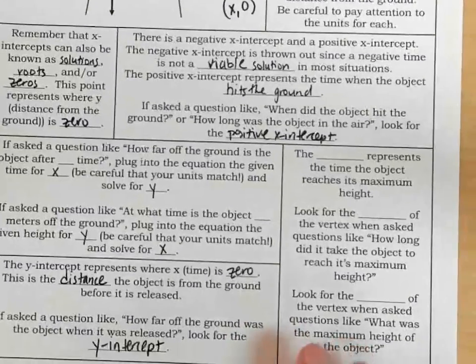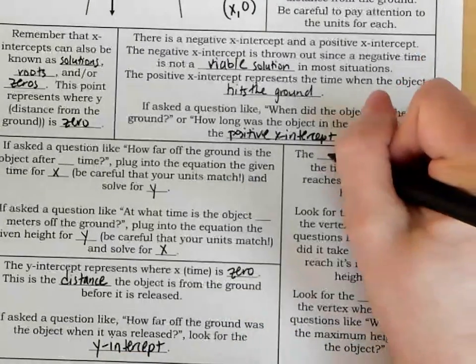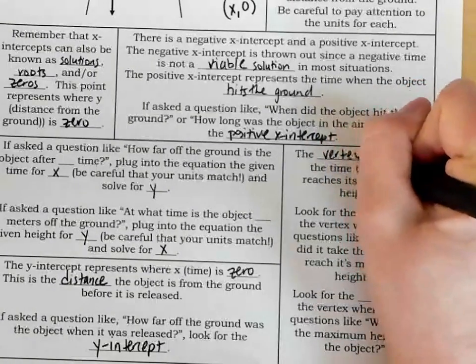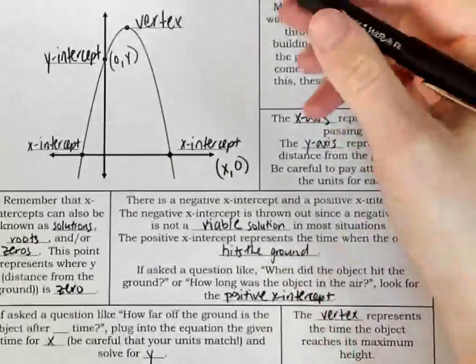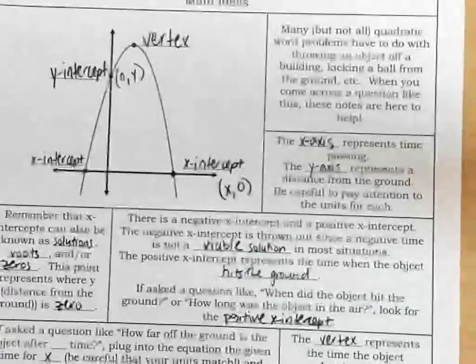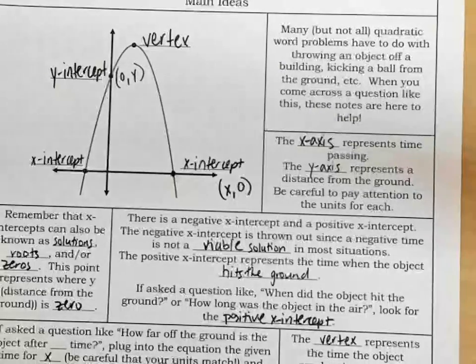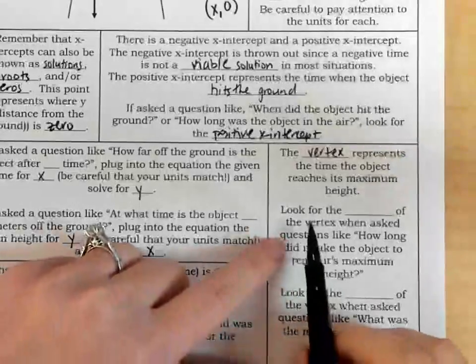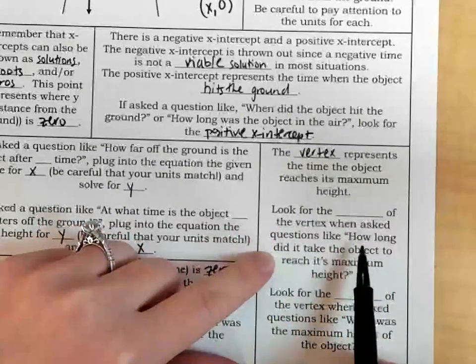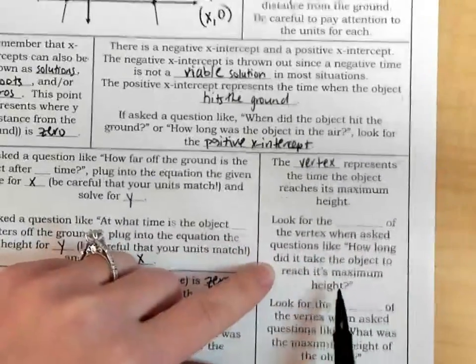All right, a couple more questions. This time, we remember that the vertex is the time that the object reaches its maximum height. Okay, so that's my tallest point up here. There's always a point where an item reaches this upward point, and then it starts to fall. So if you're asked a question like, how long did it take the object to reach its maximum height?